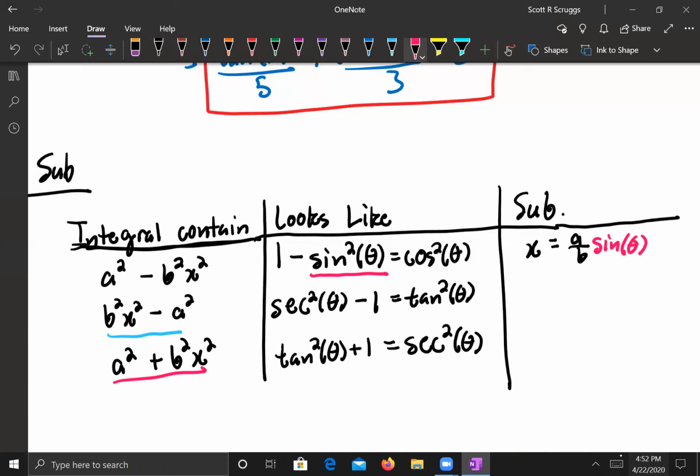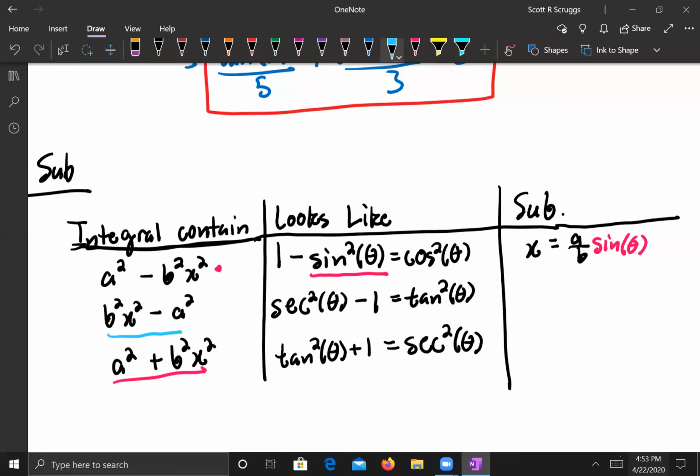So for the first type of integral, if I contain a squared minus another number squared times x squared, the trig sub that I'm going to do is x equals a divided by b times sine of theta.